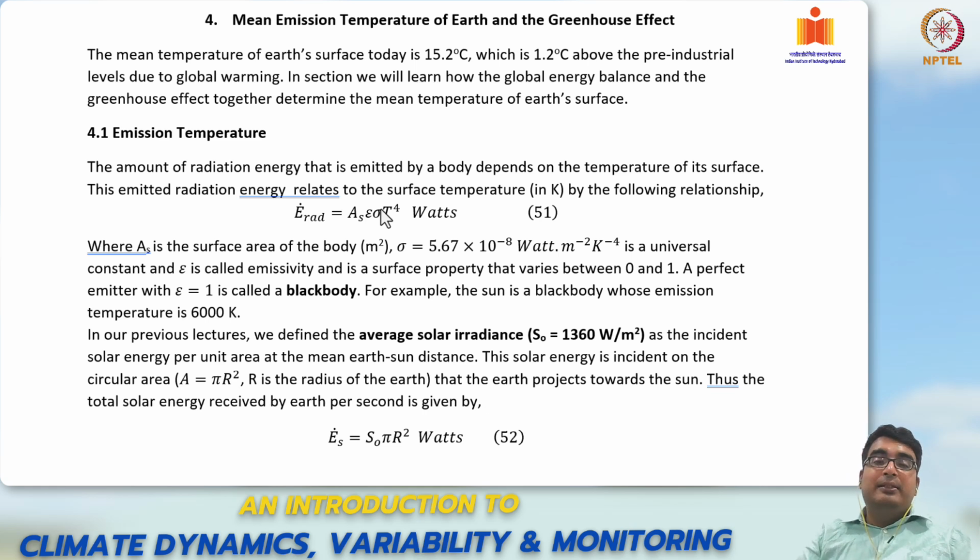Then sigma, which is the Stefan Boltzmann constant of 5.67 times 10 to the power minus 8 watt per meter square Kelvin to the power 4. Then T to the power 4, the temperature of the surface to the power 4, and the temperature is given in kelvins. So, this expression together gives the total energy coming out of a body per unit time.